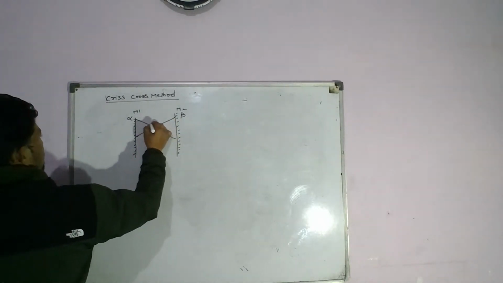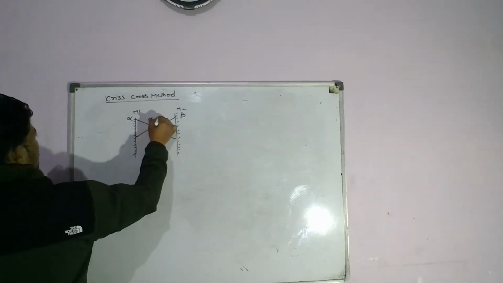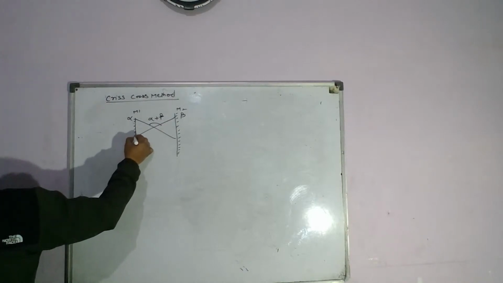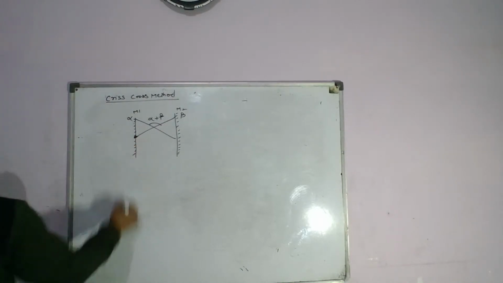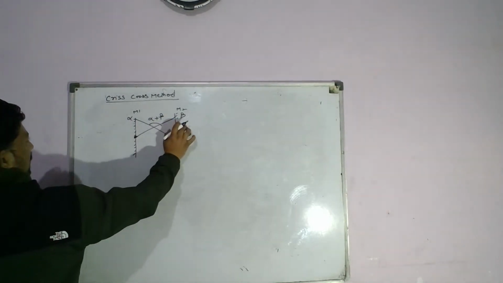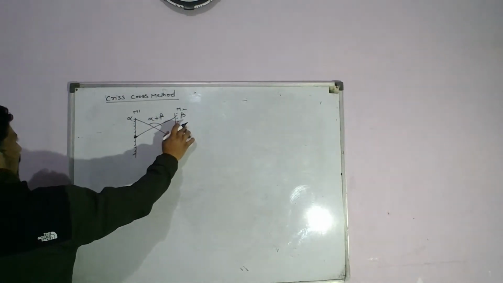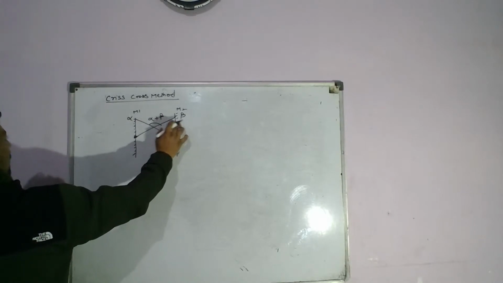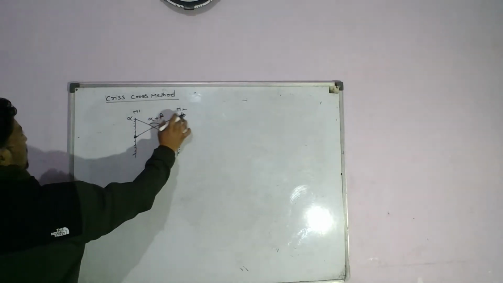This angle is alpha plus beta. Okay, crisscross method. Alpha plus beta. So here, M1 with respect to the plane mirror M2. It means alpha plus 2 beta.